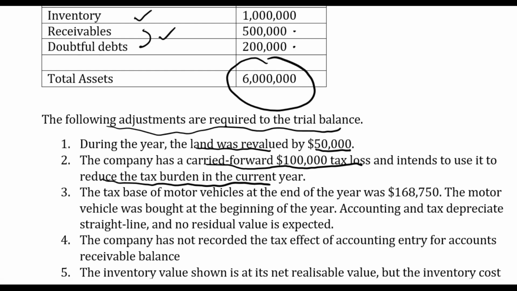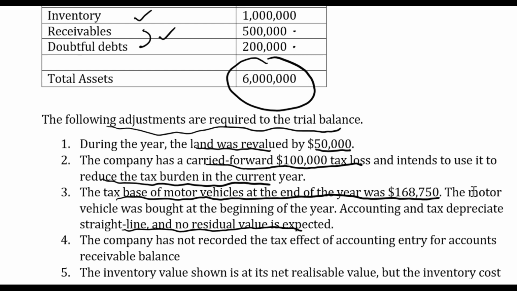The tax base of the motor vehicles at the end of the year is given to us as 168,750, and they're depreciated on a straight line basis with no residual value expected.